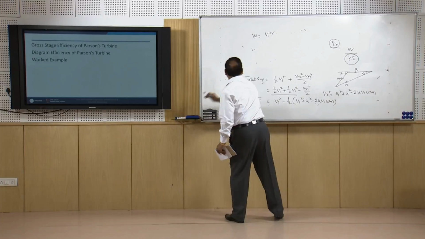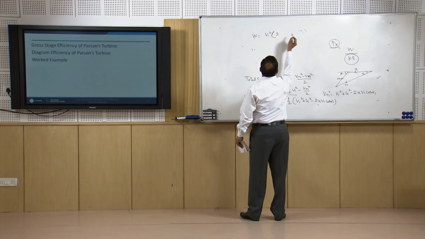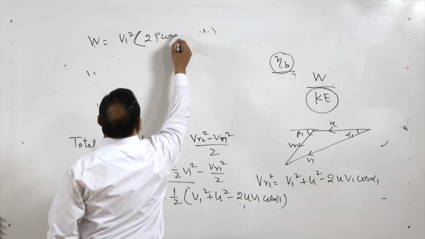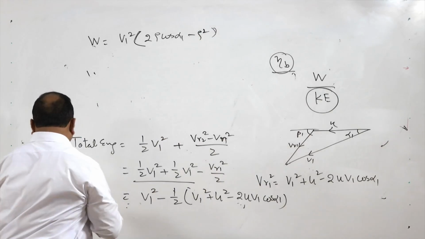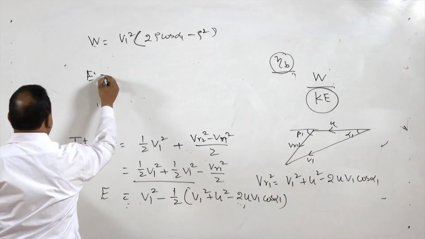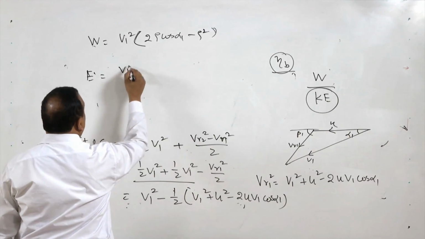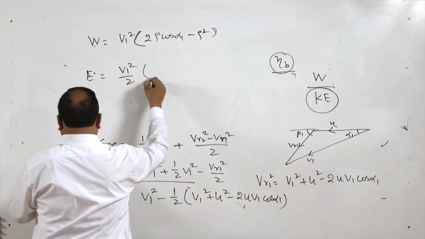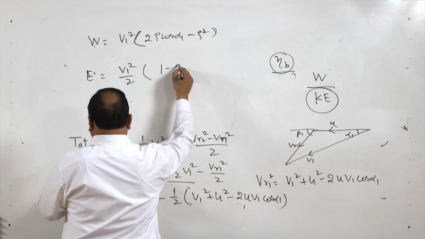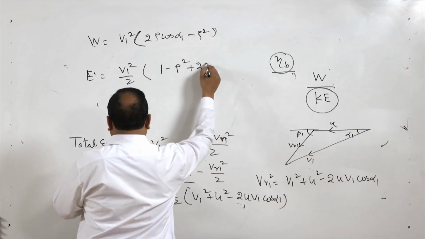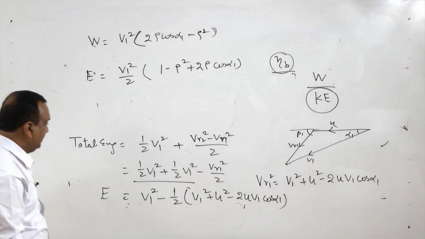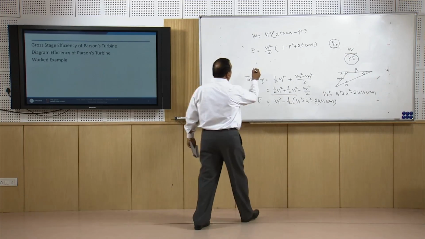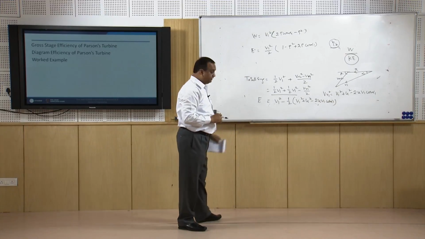Now after this, we will write the total energy as V1 square by 2, 1 minus rho square plus 2 rho cos alpha 1. So this is the total energy which is entering the blade.